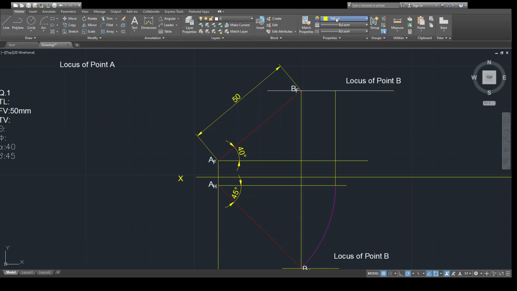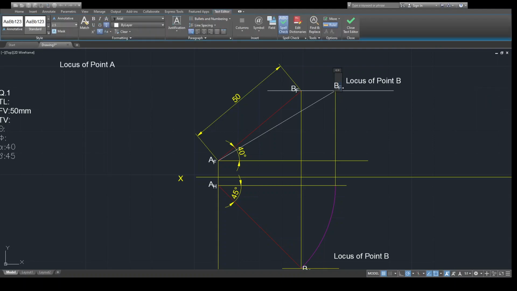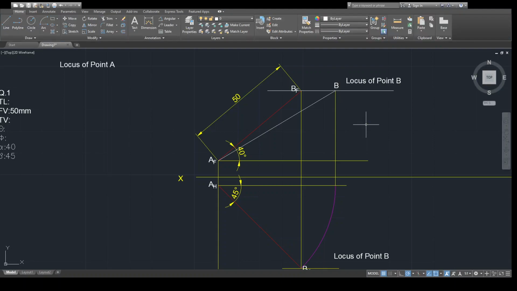Now join AF with this intersection point, and this point we call point B.